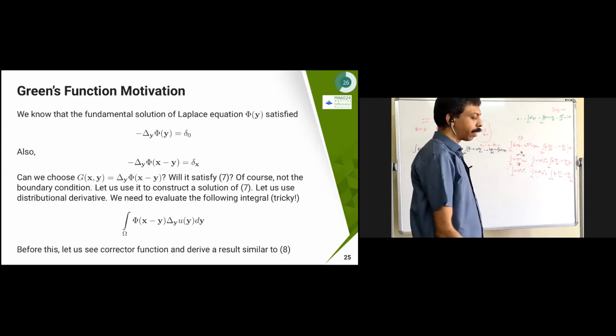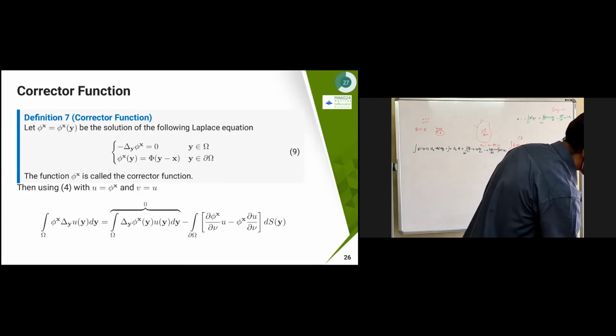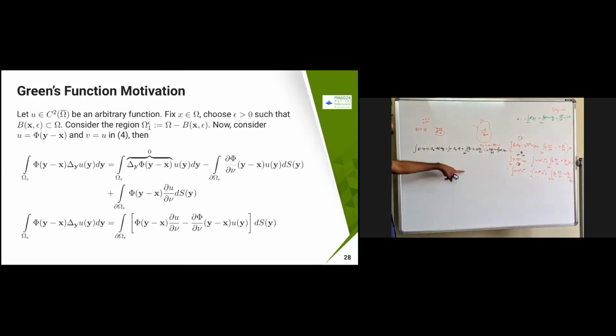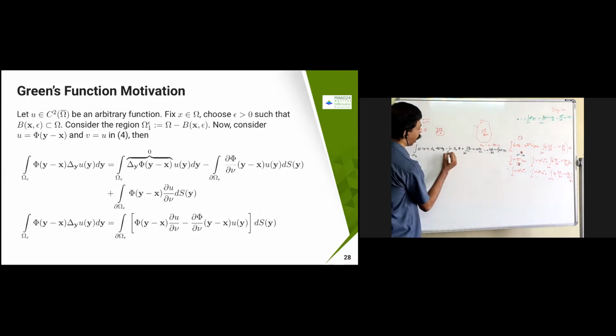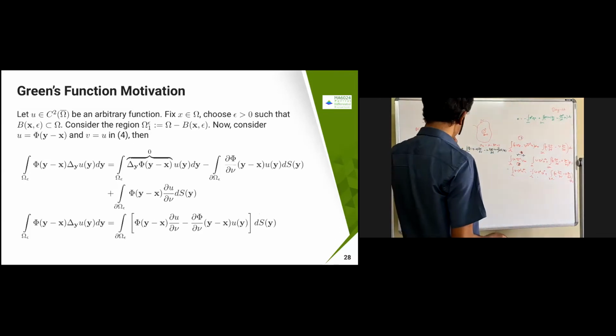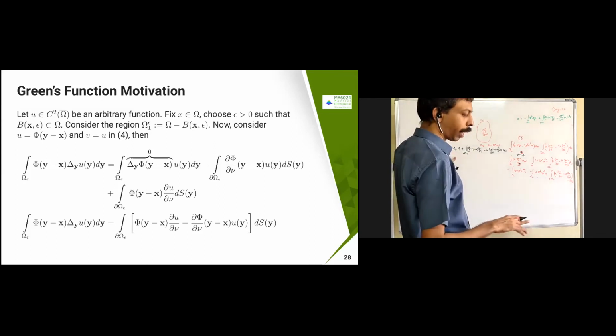Pi is a fundamental solution. So if pi is a fundamental solution, it is going to satisfy the Laplace equation at y not equal to x. This is valid only on omega epsilon, not on omega, because at x equal to y it is not defined. Only on omega epsilon, this del y is going to become 0 because it's a fundamental solution.